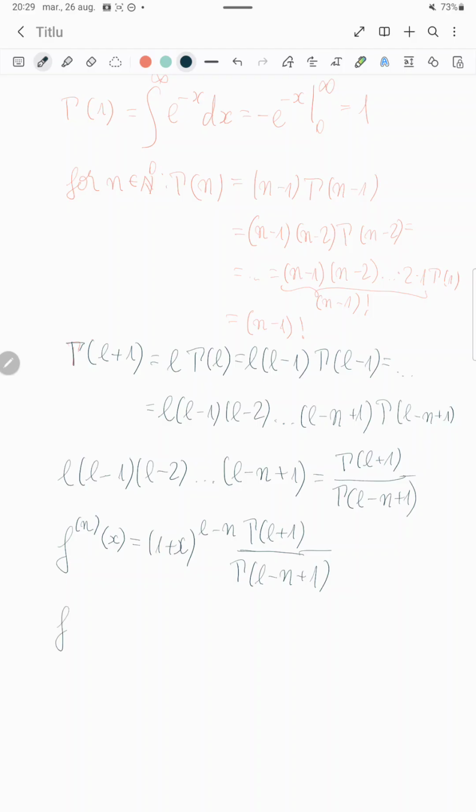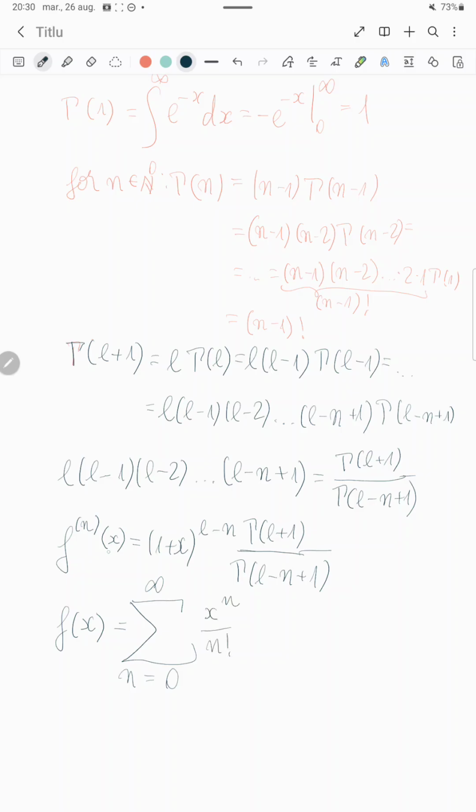So therefore our function can be Taylor expanded as the sum from n equals 0 to infinity of x to the n over n factorial.